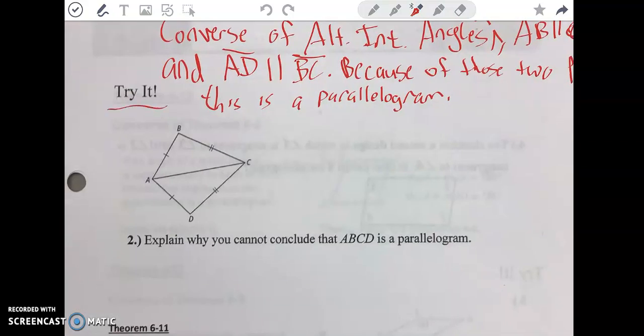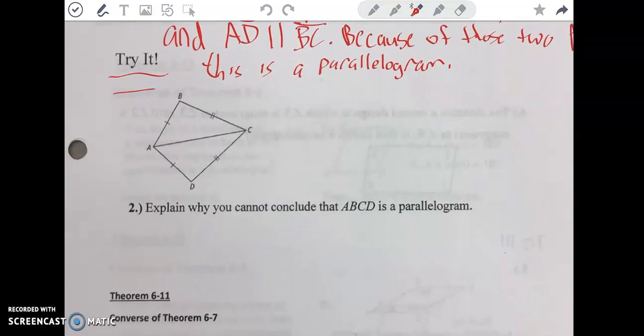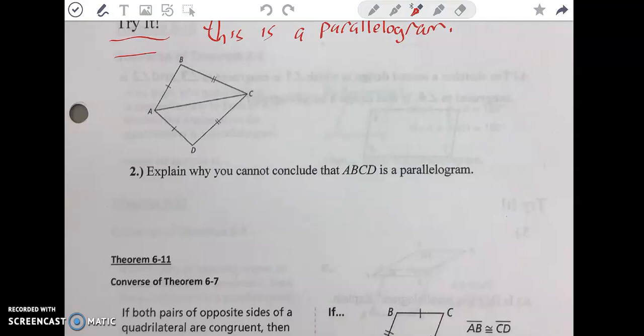Now, I want you to try it on your own. Pause this, give it a shot, then come back. Hopefully you took more than 5 seconds to look at it. The reason you cannot conclude this is a parallelogram is, yes, we do have two separate triangles that share this side.